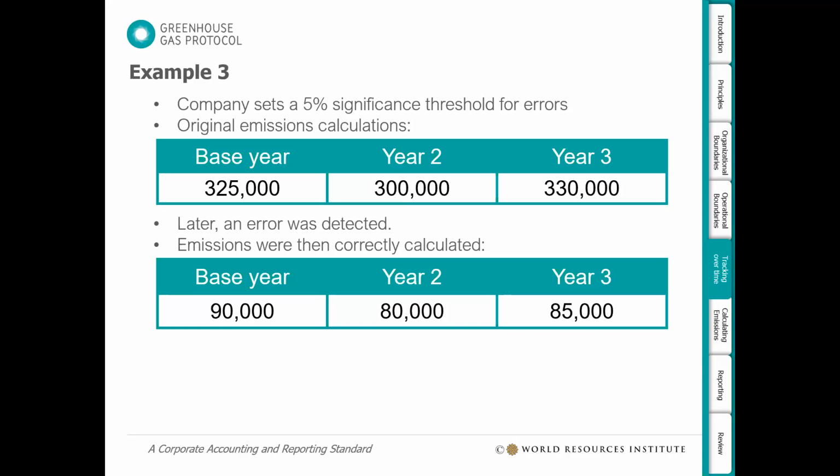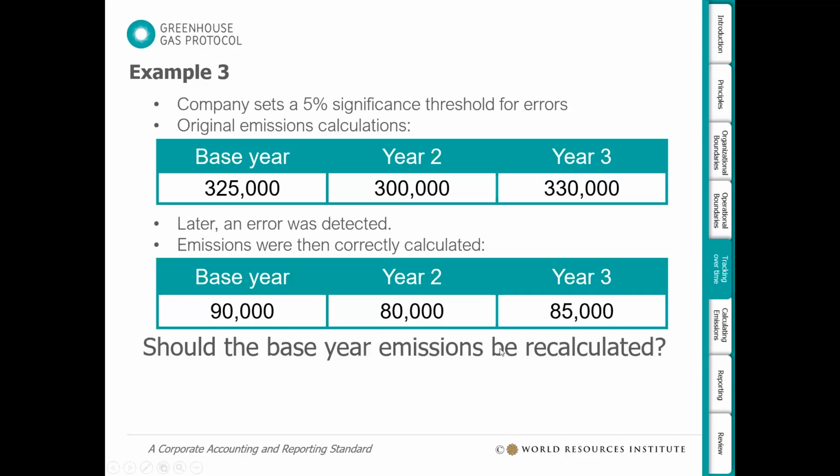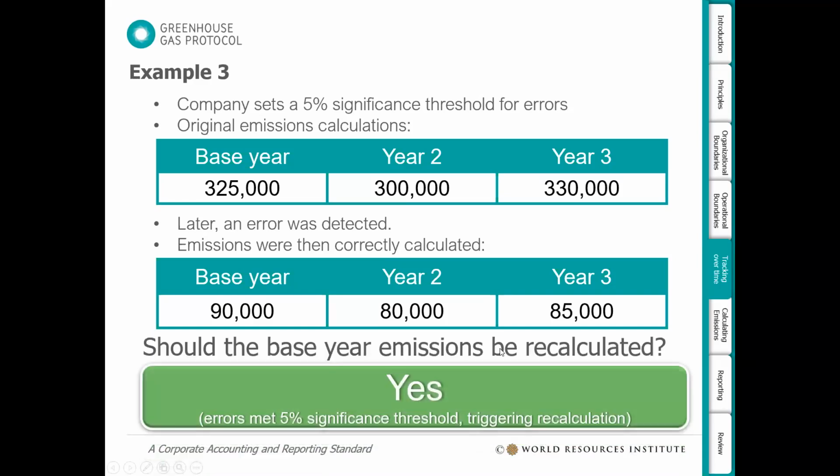And the question is, does the company need to recalculate its base year inventory? And in this case, the answer is yes, because clearly the errors met the 5% significance threshold, triggering recalculation of the inventory.